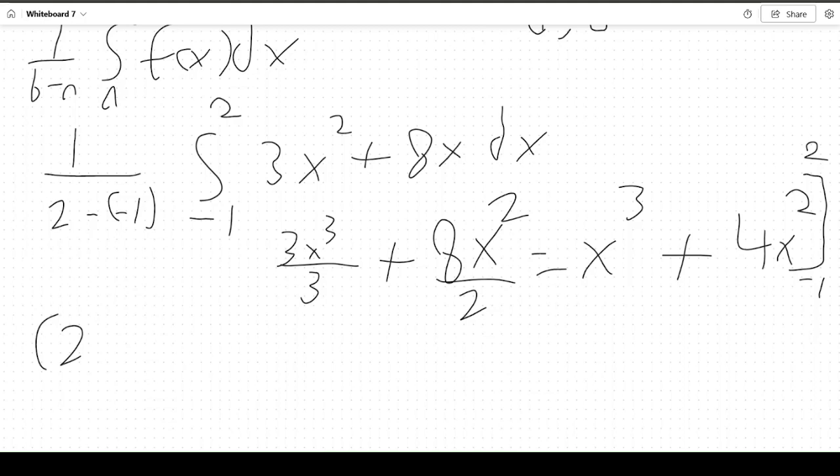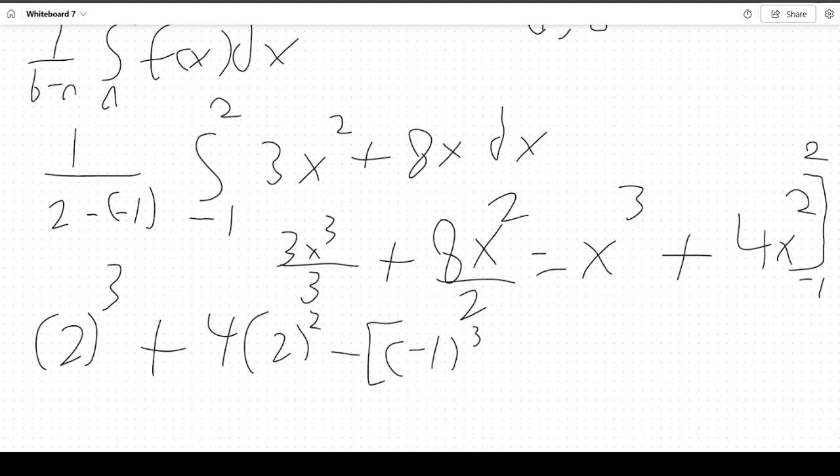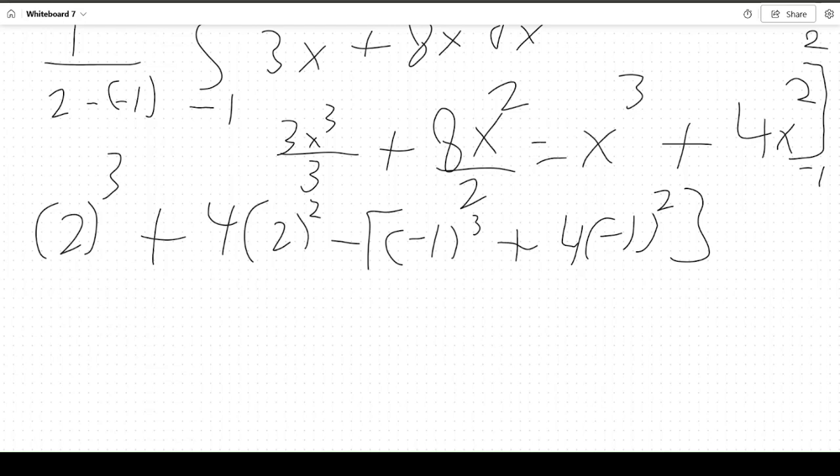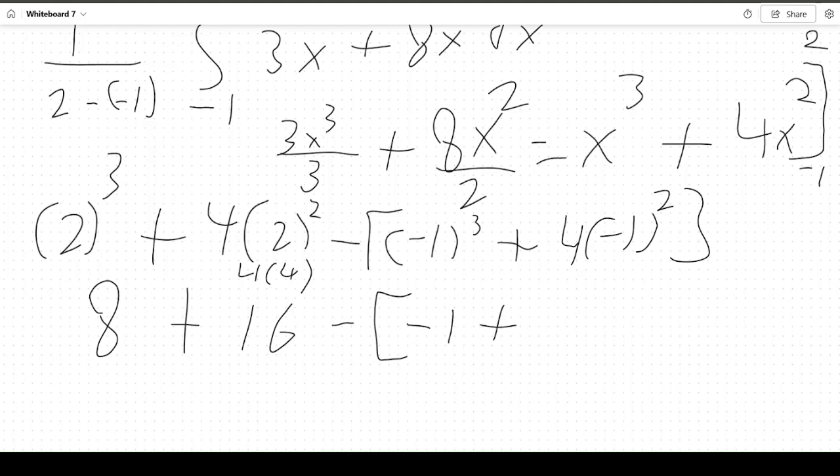So plug in 2 for x, and plug in -1 for x. 2 to the power of 3 is 8. 2 to the power of 2 is 4. And 4 times 4 would be 16. -1 to the power of 3 is -1. -1 to the power of 2 is +1. 4 times +1 would be 4.